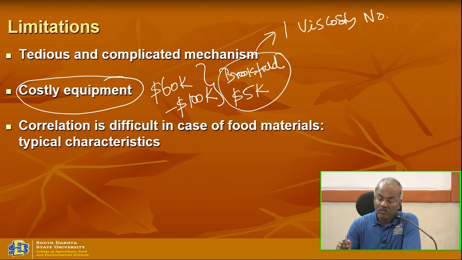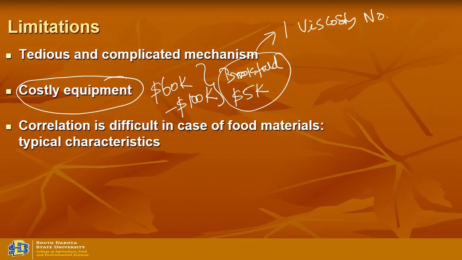But if they just need only one viscosity number, a Brookfield viscometer will give you that information. The numbers you see are from US model numbers, okay? But here everything is improved. Even in India, you can get it much cheaper than this value here. Or if you get it from China, it will be much cheaper also.